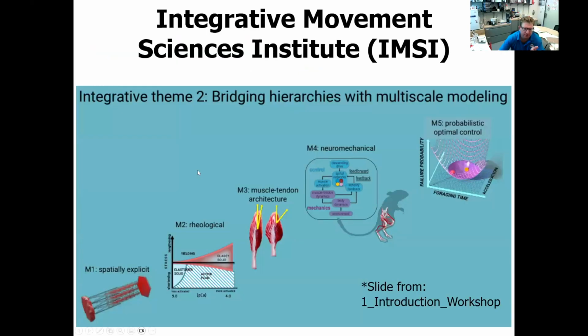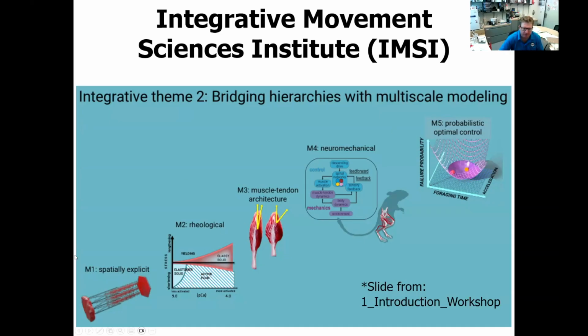And part of what we're ultimately trying to work on as a group is bridging over these different scales, to better understand what might be going on down here at the molecular and sarcomere level, and to scale that up to better understand the muscle tendon architecture, the effects of excitation contraction coupling, or neuromechanical control of locomotion.